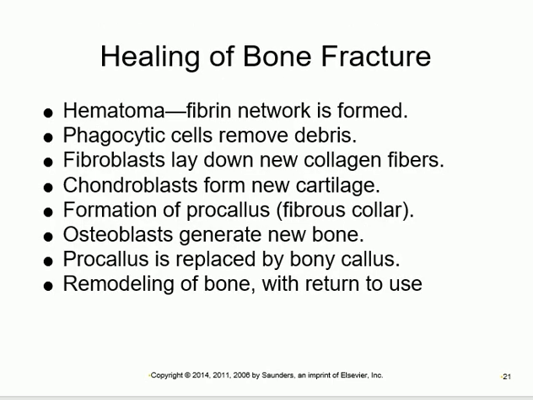So what's the very first part of the healing process? Hematoma. So this is important to remember. The first thing that's going to happen is bleeding like this. And this bleeding is going to form a hematoma. And this hematoma is the one that's going to make the base for a regeneration of the bone.